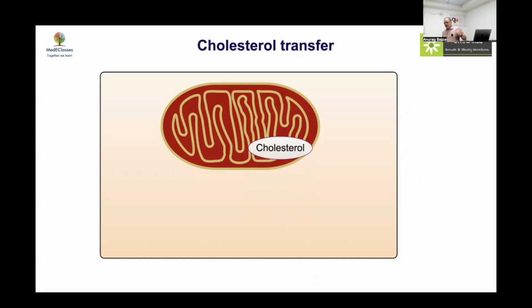At what level do you control or regulate the steroid hormones? At the level of production or at the level of release? Production. Why? Because it's easy to produce, quick, as compared to insulin, PTH. You need much bigger molecules. They have to be broken down. Steroids, immediately you can produce.